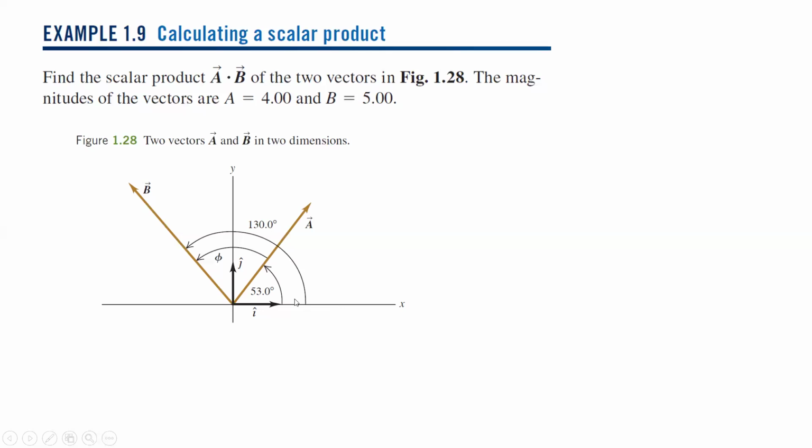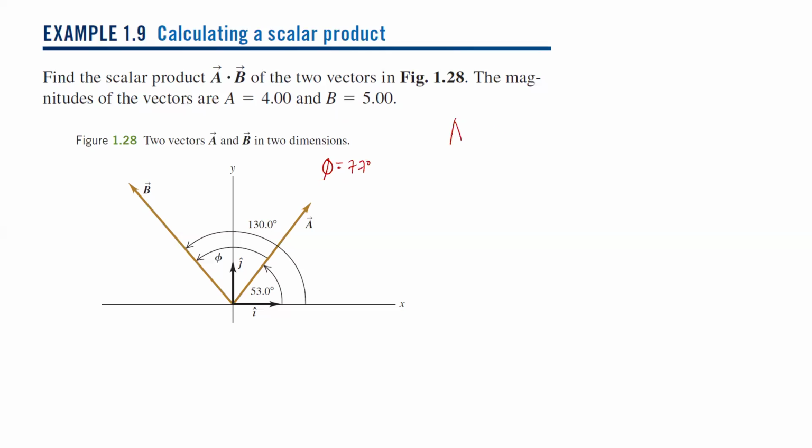A is 53.0 degrees north of east, or from the positive x-axis, and vector B is 130 degrees from the positive x-axis. Given that, you can calculate phi, the angle between the two vectors placed tail to tail. 130 minus 53 is equal to 77. So we can see in the diagram that phi is equal to 77 degrees.